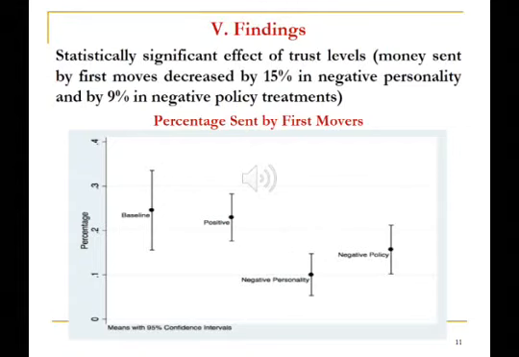There were also effects in the negative policy treatment, where that money was 9% lower than the control. There was absolutely no statistically significant effect for the positive treatment, which more or less we expected, even though we had to run that treatment. So we find initial good support for our hypothesis, and this is just a graph comparing means, of course.